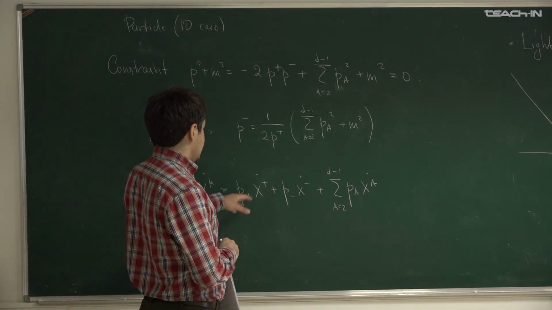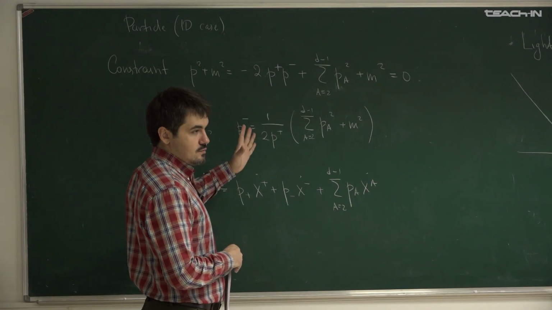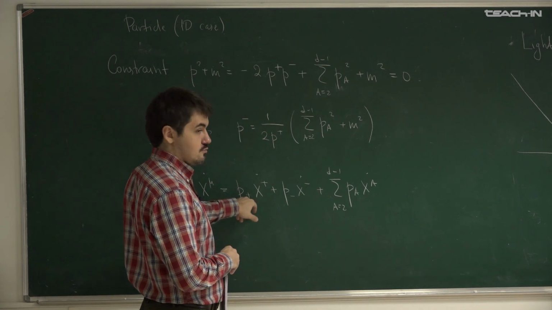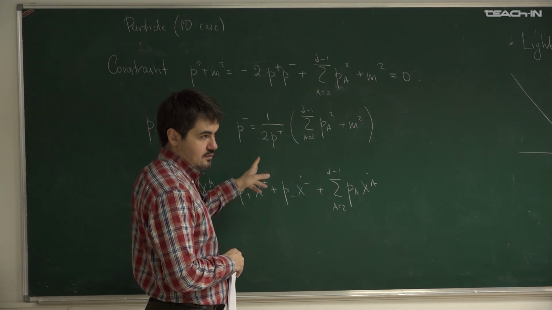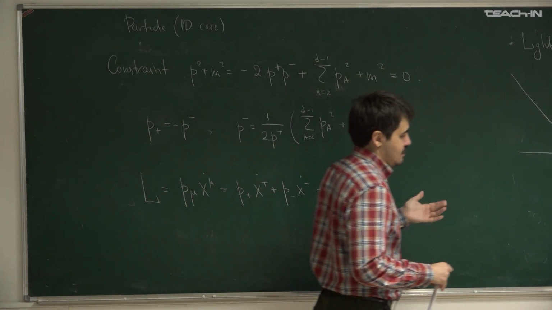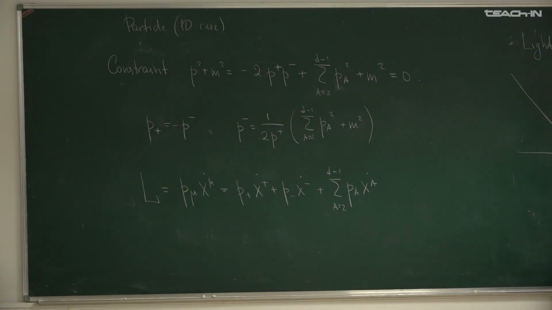But we raise or lower indices with a metric after that. So we define p's with upper indices as contractions of p's with lower indices with a metric. Same for x's. And that's just done for convenience, to get rid of minus signs in some formulas, we pack the minus signs in the definition of our variables.